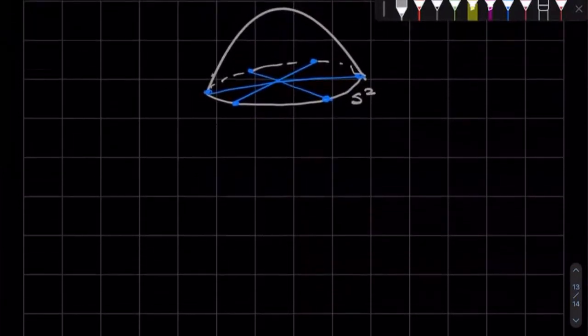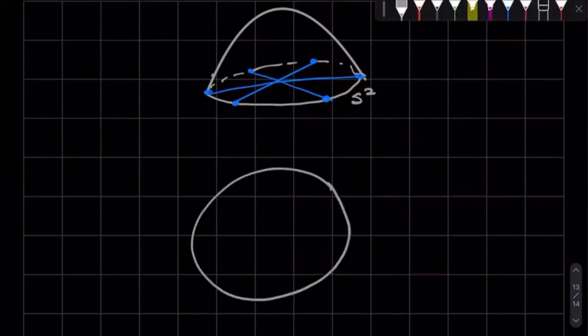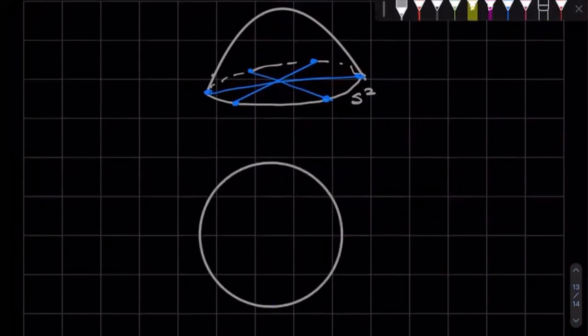So if I ignore the geometry and just look at the topology, I can flatten this space and draw it as a disk. This is S2, and this is some interior. But it's not any simple S2, it's S2 over Z2. It's S2 with the opposite points identified.